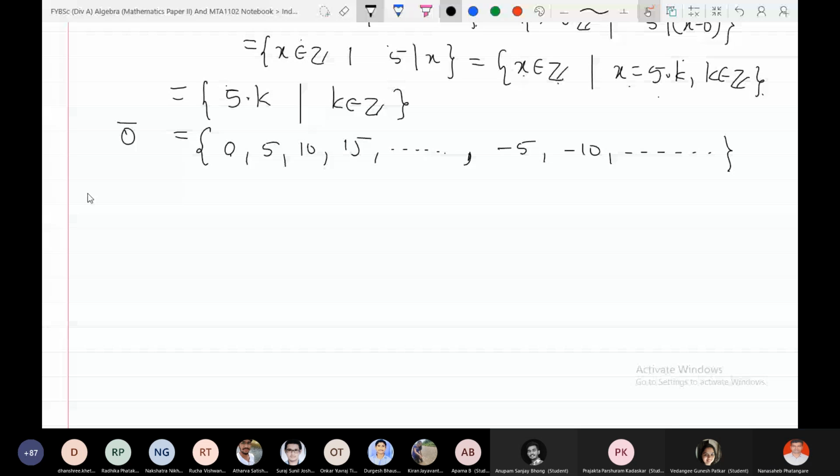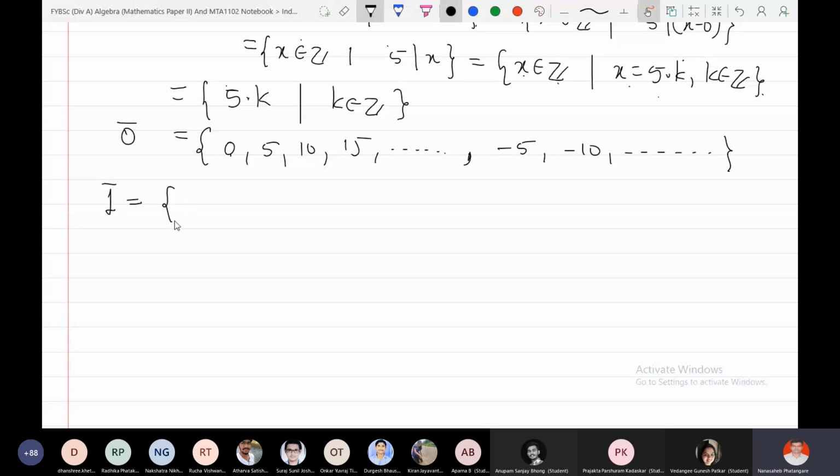Now we'll try to investigate the class of 1, because 1 is not in the class of 0. As we discussed earlier, we choose one element and look at its class, separate it out, then from the remaining choose one element and separate out its class. So now I have chosen 1 as a representative.